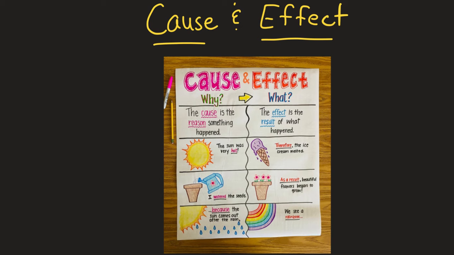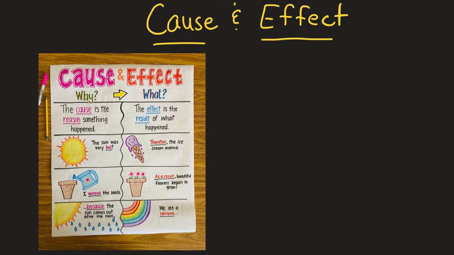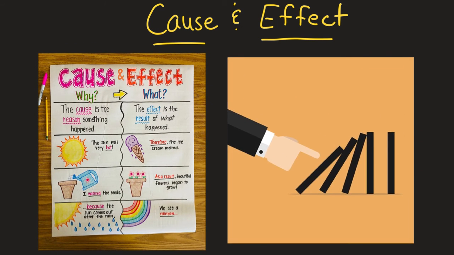We can put these two photos side by side to look at the relationship between them. What would be the finger pushing, causing something to happen? Well, that would probably be the sun. The sun is affecting the ice cream.